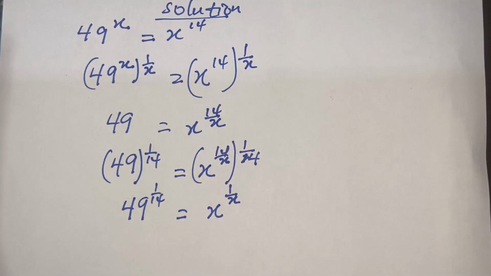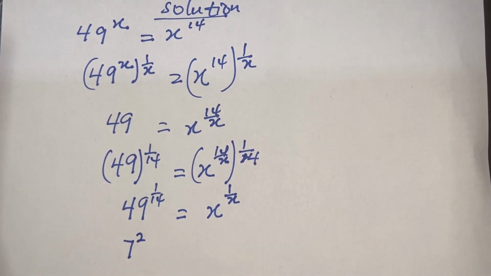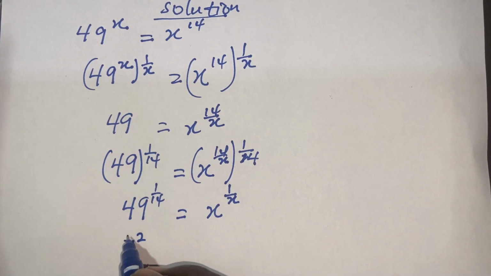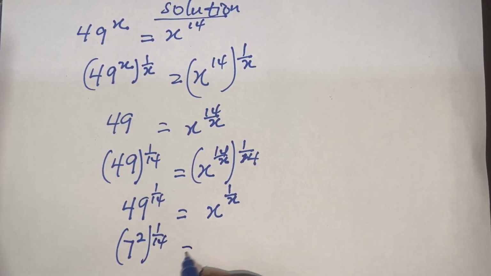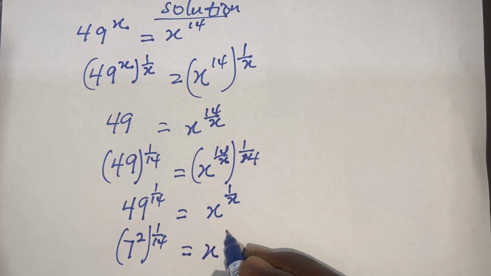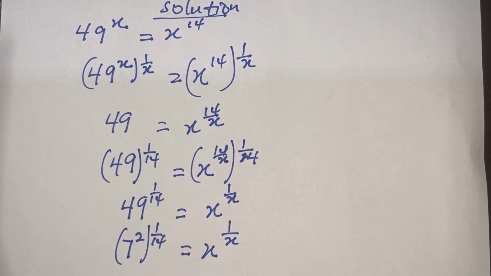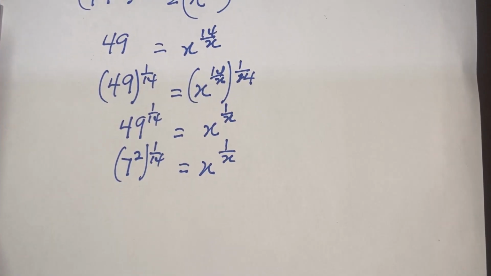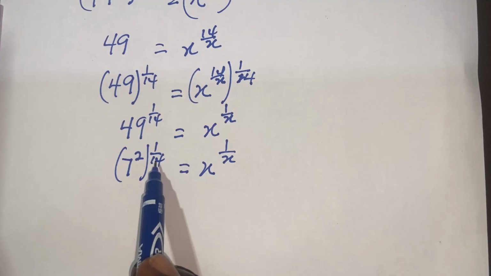From this, 49 can be written as 7 to the power 2. That is for 49, all raised to the power 1 on 14 equals x raised to the power 1 on x. We continue. From here, this is the same as 2 over 14.